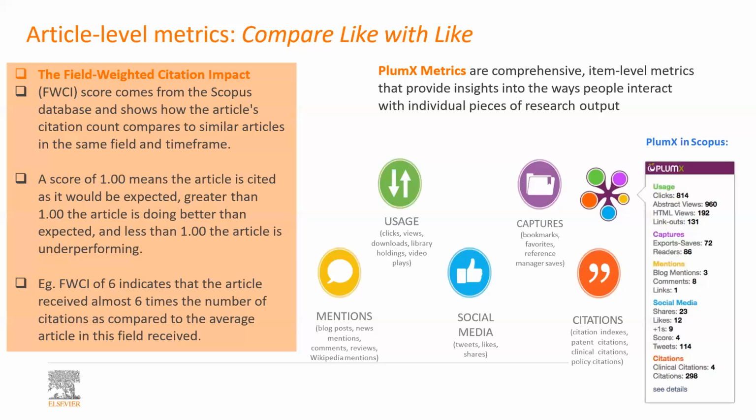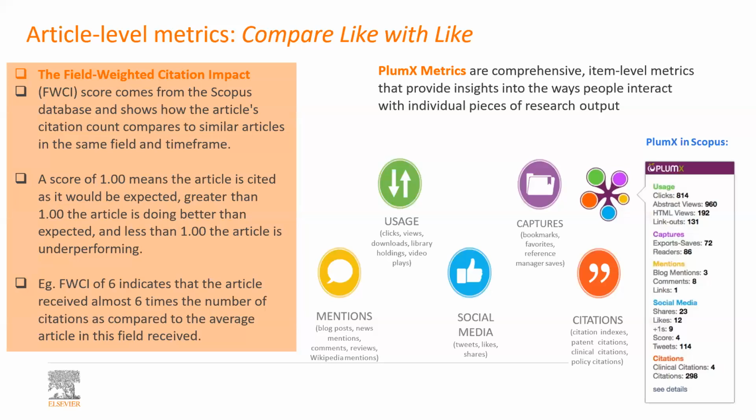For example, if the FWCI of an article is 6, that means this particular paper received almost 6 times higher citations as compared to the average article in the same field. So whenever you refer to any article in your manuscript, always look at the FWCI score for that paper.